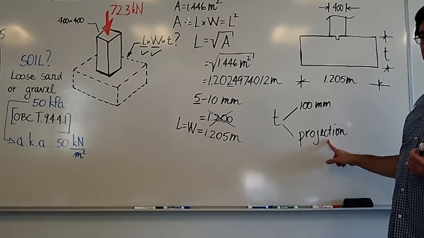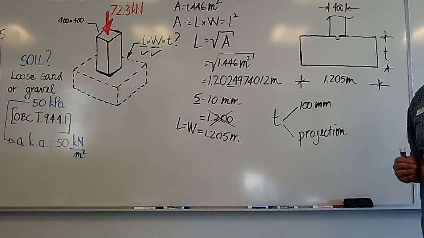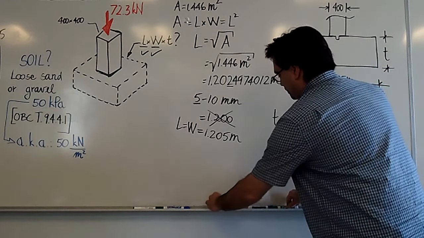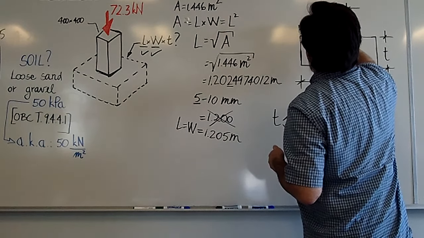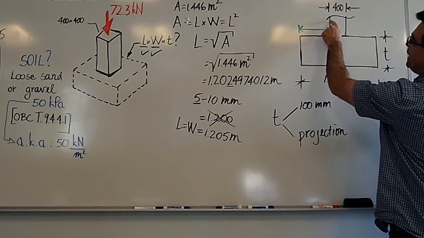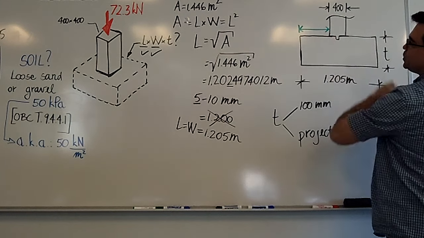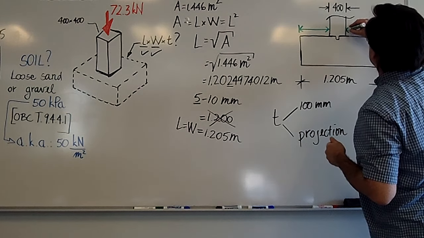What is this projection? This projection is actually this dimension I'm about to show you. It's this dimension right here, which I'm going to show in green. It's the projection beyond the edge of the pier we're supporting. That's the projection there, which is the same projection here.